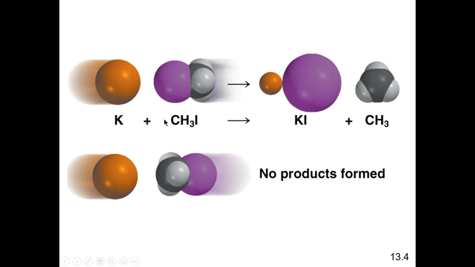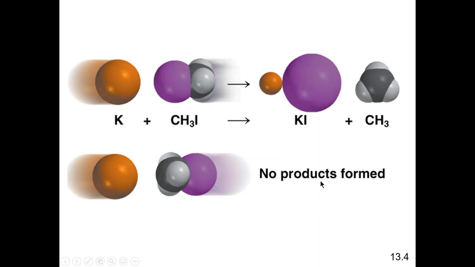The colored spheres represent: this is the iodine atom, this of course is potassium, the black sphere represents carbon, and the three white spheres represent hydrogen. When the methyl iodide molecule is oriented this way, it is easy for the iodine to be transferred to the potassium. That illustrates the correct orientation for the reaction to take place. On the other hand, if the iodomethane molecule is oriented this way, it does not allow for the easy transfer of the iodine to the potassium, and therefore no products are formed.